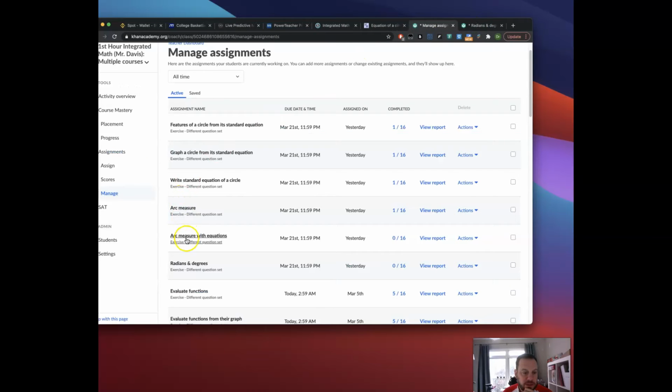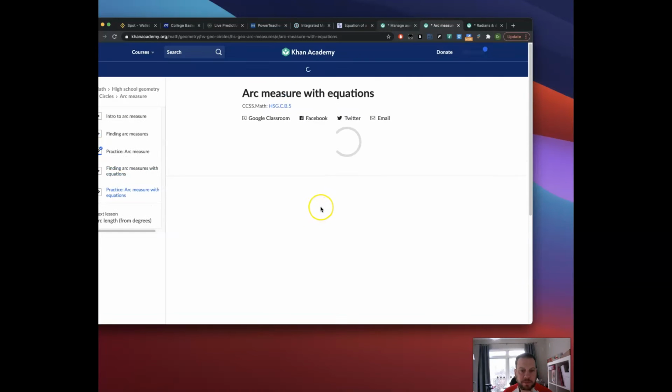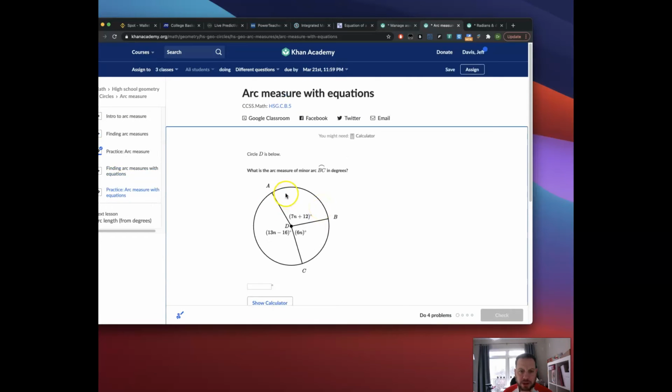All right, let's go to arc measure with equations. Minor arc BC in degrees, so that's the minor arc, this distance here. And it looks like they're just going to give you some algebra expressions, and you've got to know that these three here would add up to 360. So you're right now at 13n minus 16 plus 7n plus 12 plus 6n.